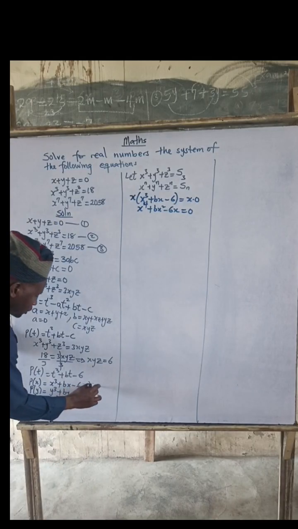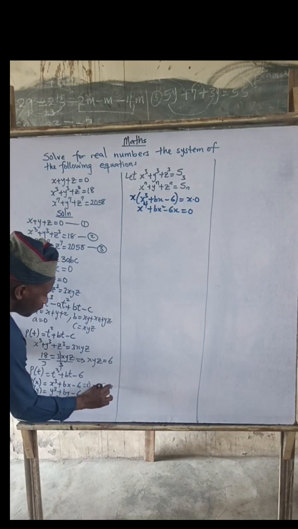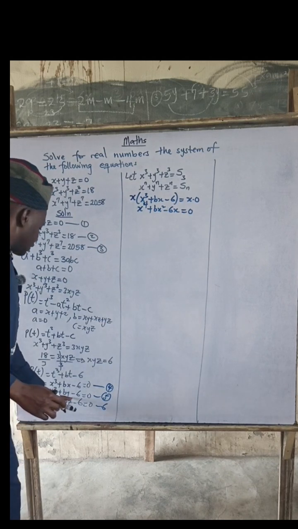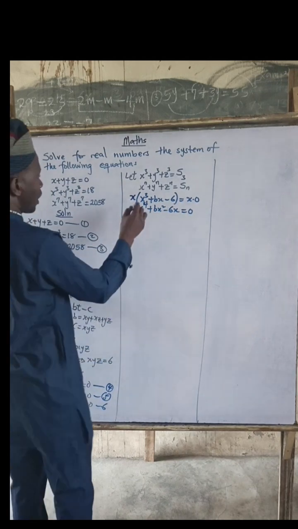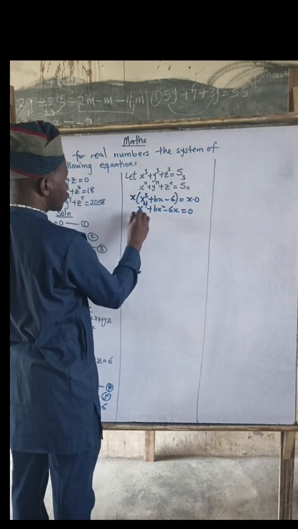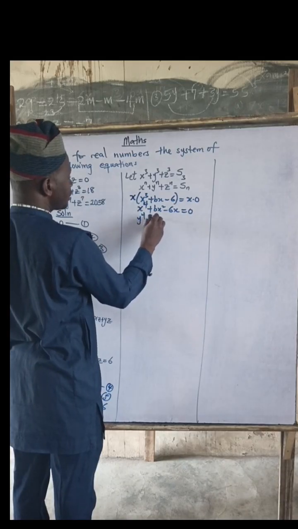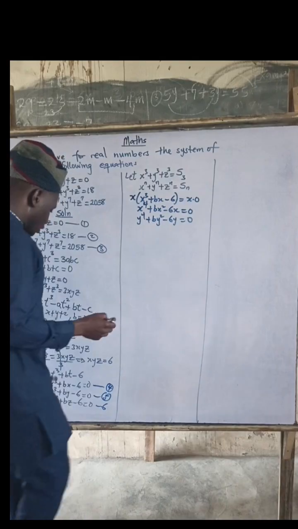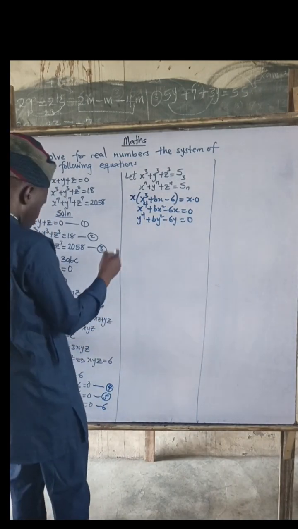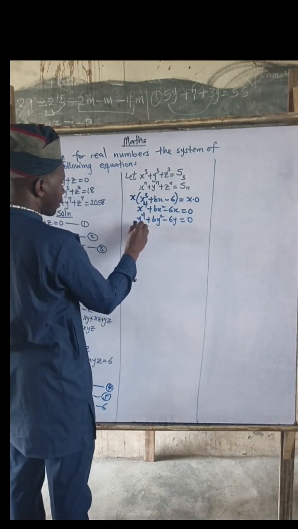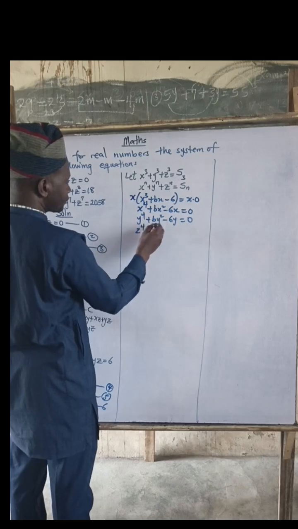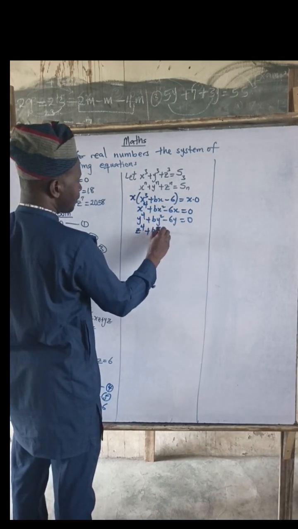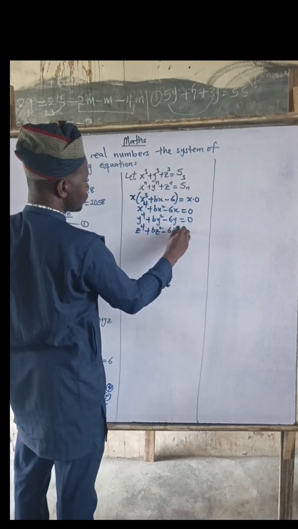Now when you do the same thing, let's call this one equation 4, equation 5, equation 6. Now when you multiply equation 5 by y, you are going to have y raised to power 4 plus by squared minus 6y equal to 0. Then equation 6 by c, we have c raised to power 4 plus bc squared, then minus 6c equals to 0.